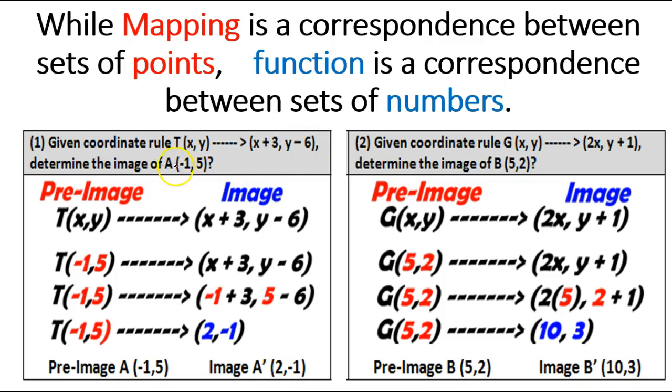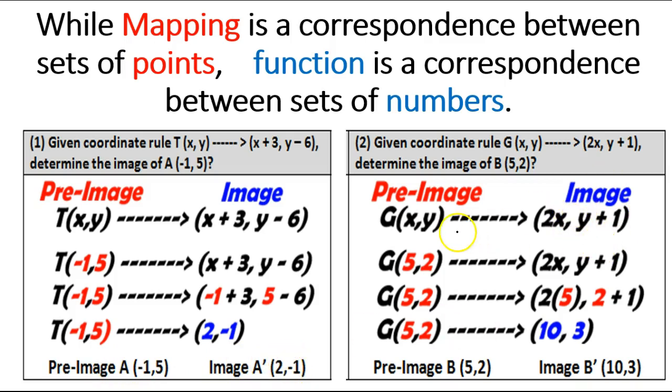So what would be the image of (-1, 5)? Well, replace x with -1 and replace y with 5. This is the pre-image, and do the same thing in the image. Replace x with -1 and do the operation, you get -2. Then replace y with 5 and subtract 6, you get -1. So this is the pre-image, then you get that image, and we represent the image of A as A prime. We write what we get.